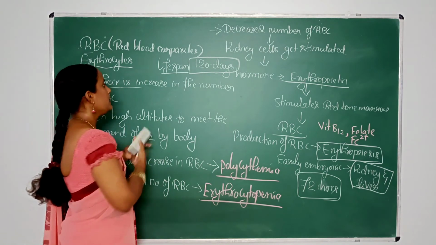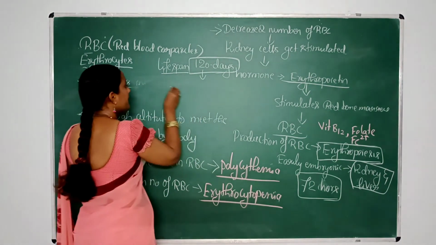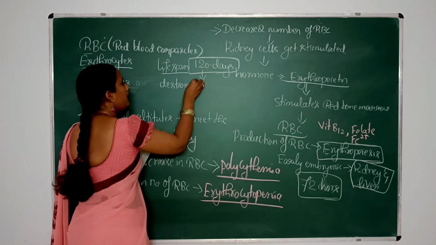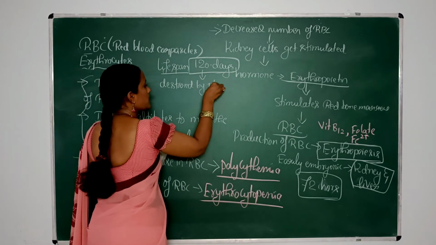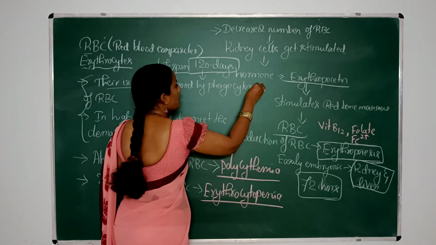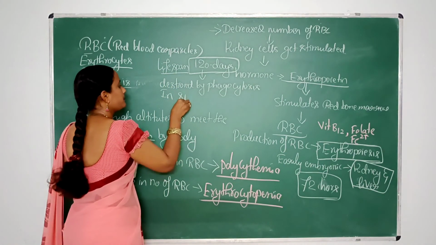After 120 days, the RBCs will get destroyed by phagocytosis in the spleen.